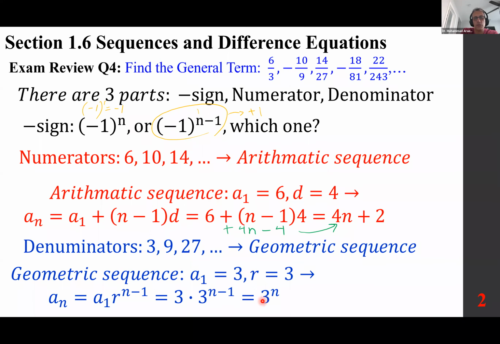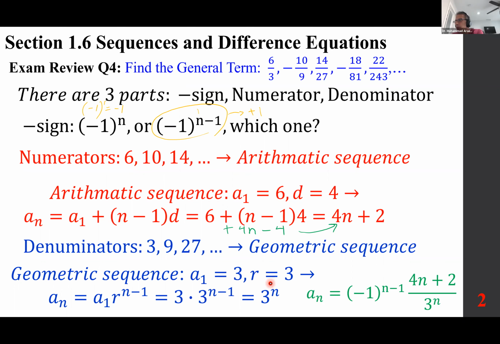Even the r is 3. Now put them all together: the numerator, the denominator, and you are done. That's how fast it goes as long as you realize you're dealing with three different parts. So cut them into three pieces. There you have it, and you're done.